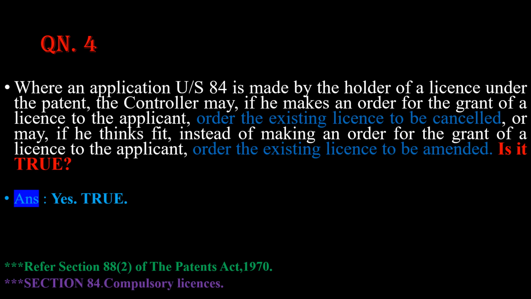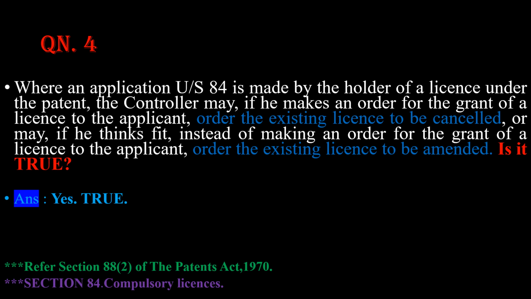Question number 4. Where an application under section 84 is made by the holder of a license under the patent, the controller may, if he makes an order for the grant of a license to the applicant, order the existing license to be cancelled, or may, if he thinks fit, instead of making an order for the grant of a license to the applicant, order the existing license to be amended.